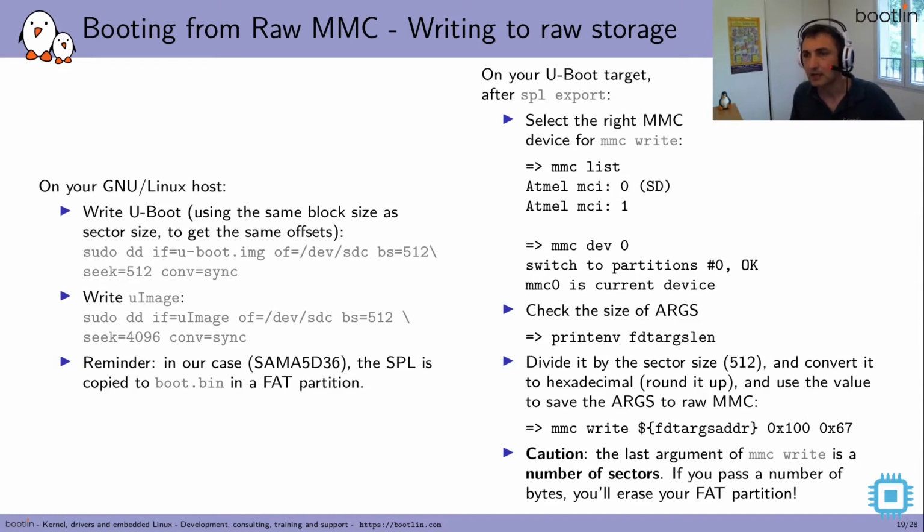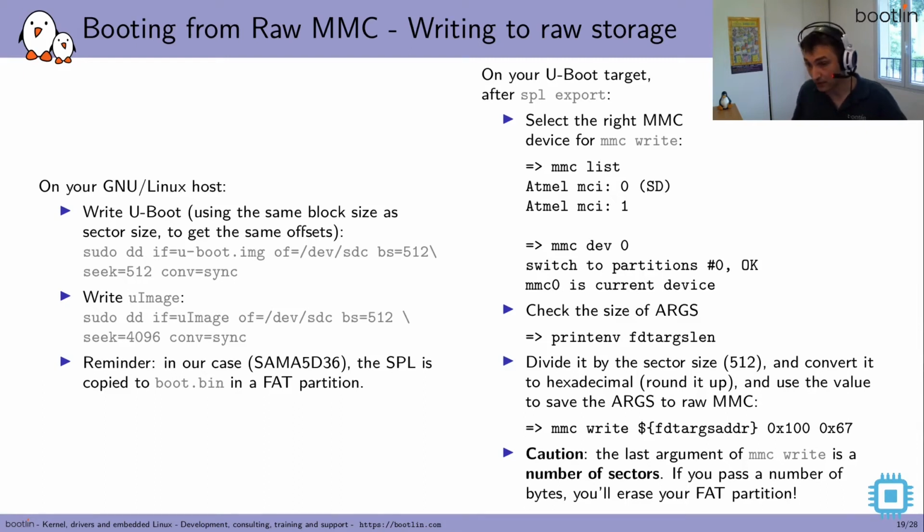That's separate. On your U-Boot target now, right after SPL export, you first will select the default MMC device for mmc write by using mmc list and then mmc dev number, so 0 in our case. You check the size of the RX by printing the fdt_rx_length variable. Divide this size by the sector size 512, convert it to hexadecimal, round it up of course, and use the value to save the RX to raw MMC with the mmc write command, passing the fdt_rx address, the target offset in terms of number of sectors, and the size in terms of number of sectors.